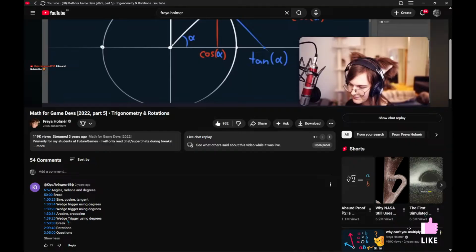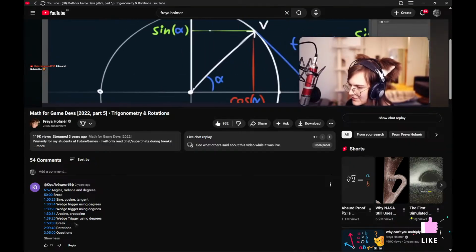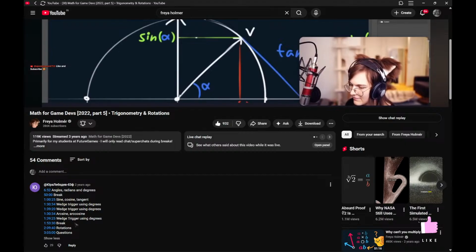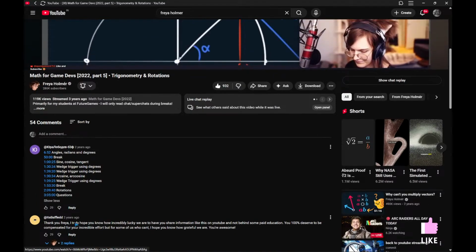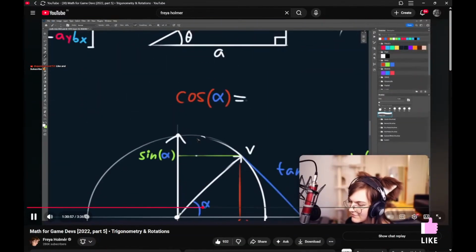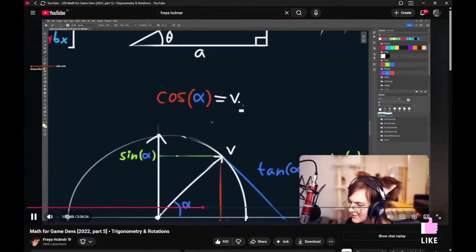All right. So the opposite of this. Previously, when we were looking at the cosine function, we know that the cosine of our angle alpha gives us the x component of v, right? So v dot x or v subscript x.